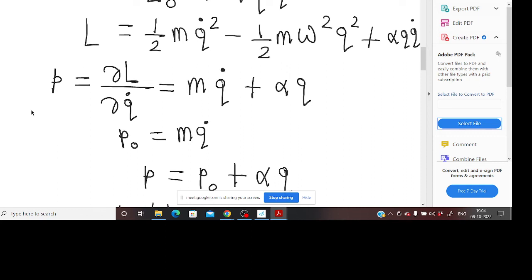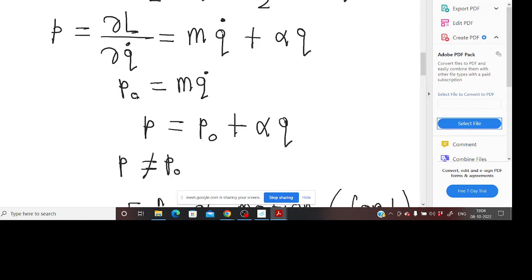This will be equal to del L del Q dot, which I will call P. Okay. So this is equal to m Q dot plus alpha into Q, and the previous generalized momentum was P naught or P0, which is equal to m Q dot.